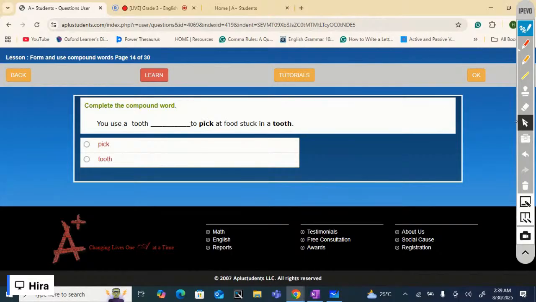You use a toothpick, it's a thing, to pick at food stuck in a tooth.